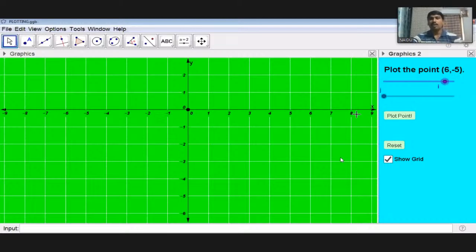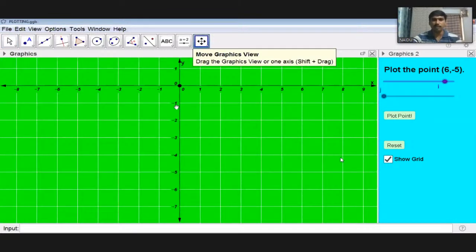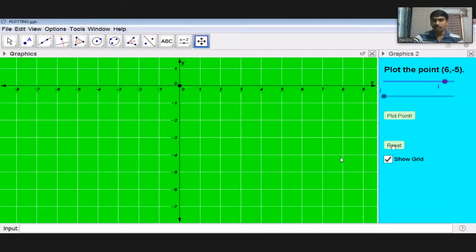Let us observe. Now 6 comma minus 5. Observe children carefully. Where will be this point? The point starts from 0 and moves positive direction 6 units, negative direction minus 5 units. So finally that point will be 6 comma minus 5.